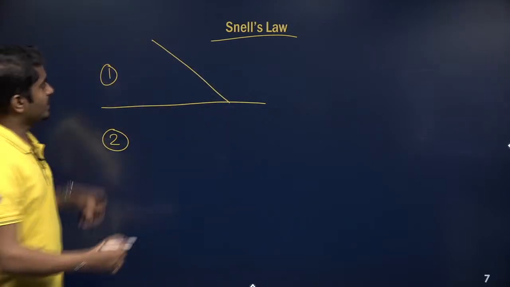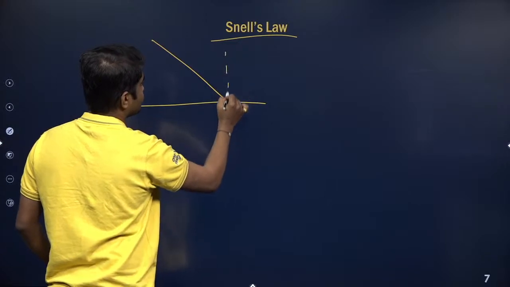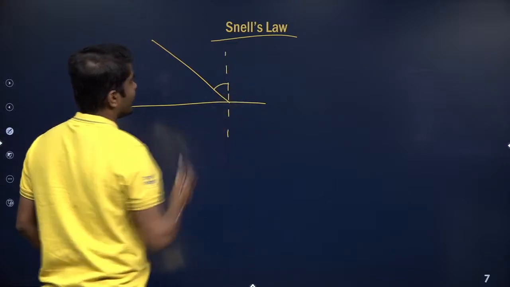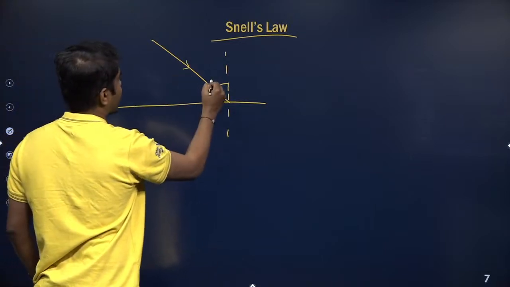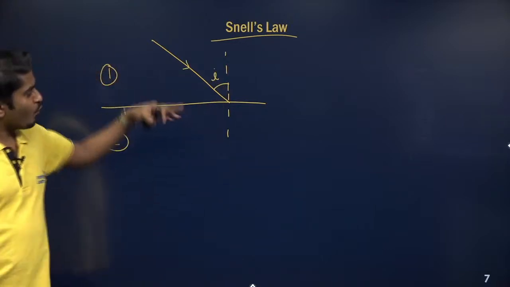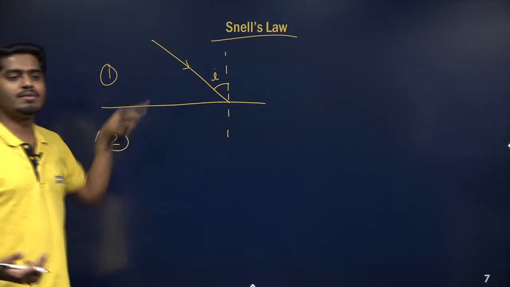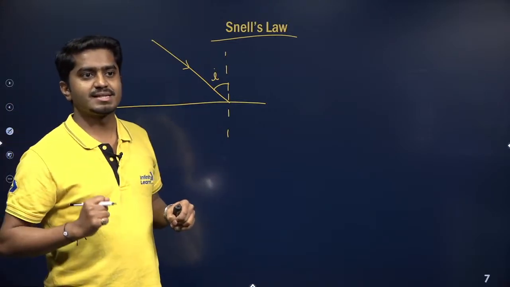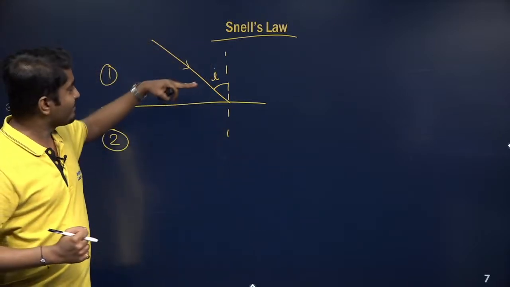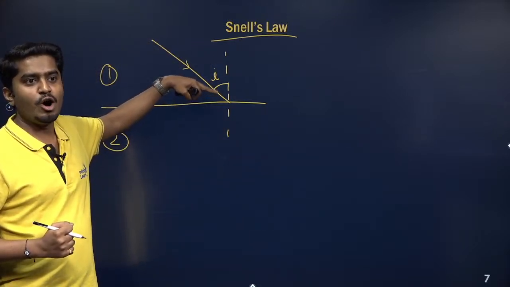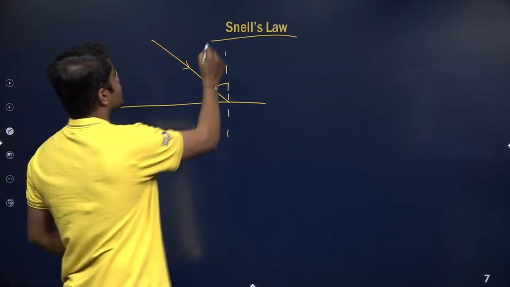Let's suppose there is a normal, and the angle between the incident ray and the normal we call the angle of incidence. What should be the maximum and the minimum value of the angle of incidence for Snell's law?